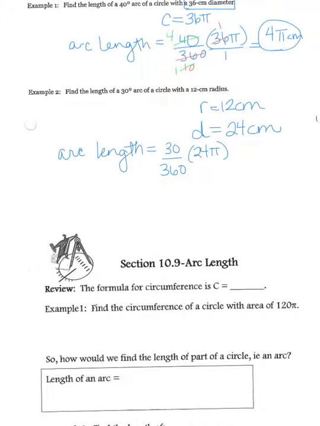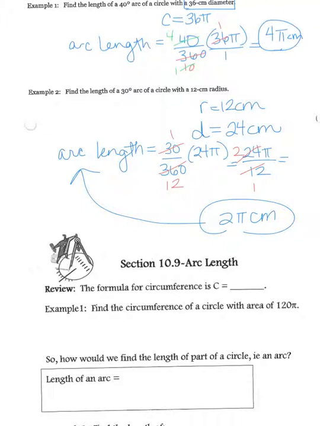So 30 and 360 can be simplified to 1 over 12. And then if you multiply across, you have 24 pi over 12, which can be simplified to 2 times pi. So we have 2 pi centimeters for the arc length.